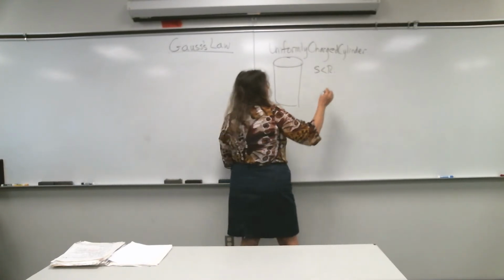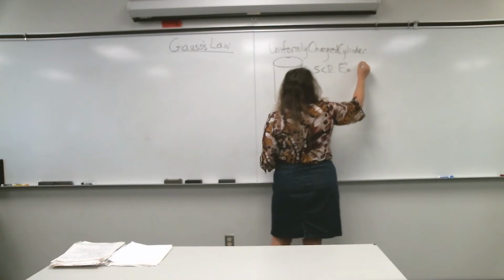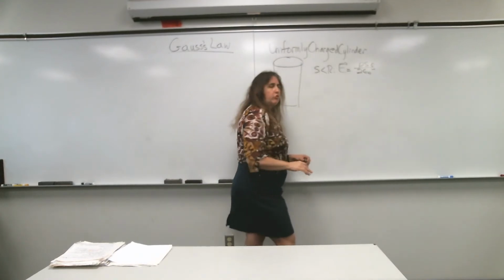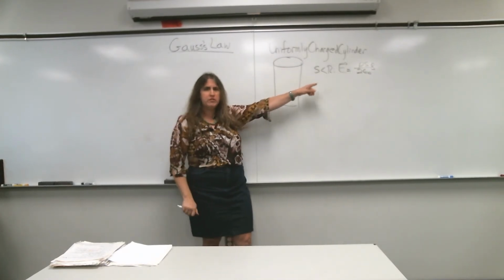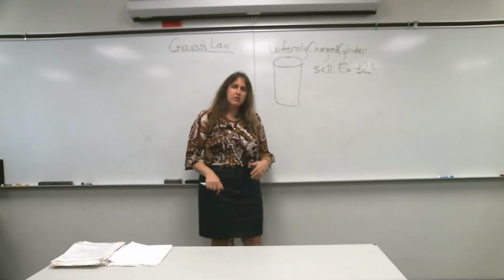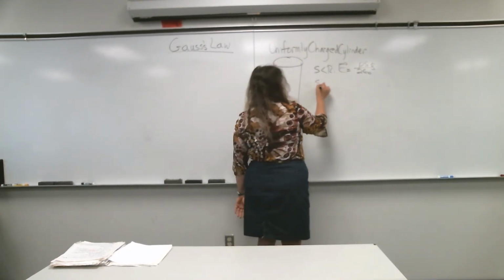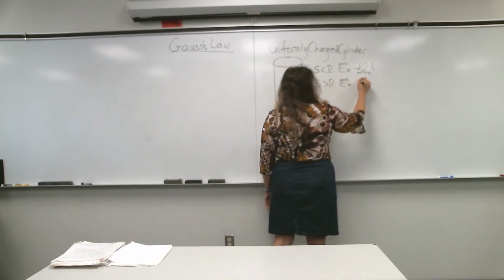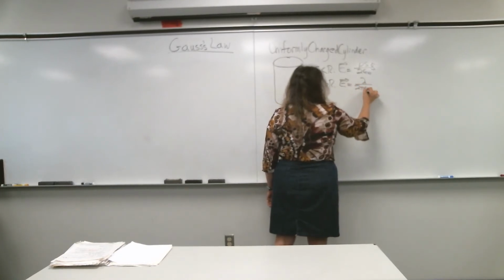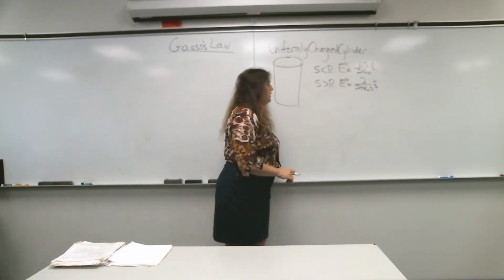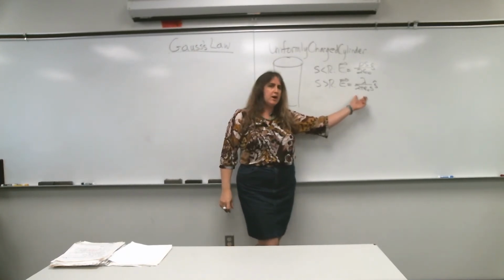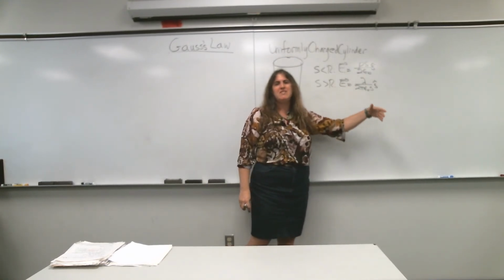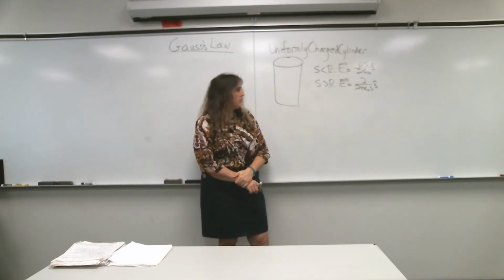Inside of that cylinder, the electric field was equal to the volume charge density times s over 2 epsilon naught, extending radially outwards. Outside, we saw that the electric field is equal to lambda over 2 pi epsilon naught s in the s direction, and I wrote this in terms of lambda to make it consistent with the notation I was using for a wire.